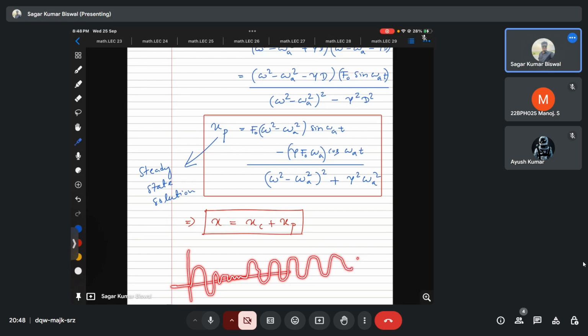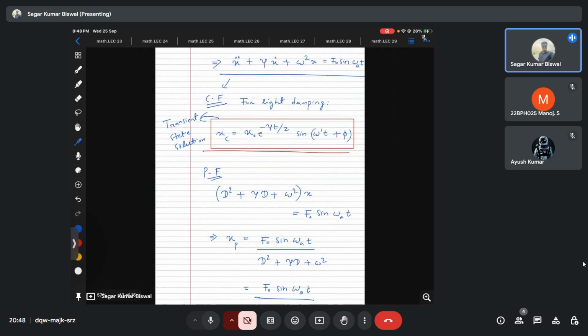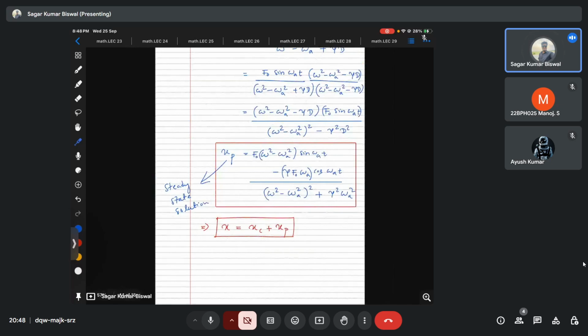This part is the steady state solution, and the complementary part, the xc, was this part. This was the transient state solution. Initially the xc will dominate, but that xc will die out with time. Then this xp will dominate, and that's why it is known as the steady state solution. That is why these are named the transient state solution and the steady state solution. Is it okay, or is there a doubt?